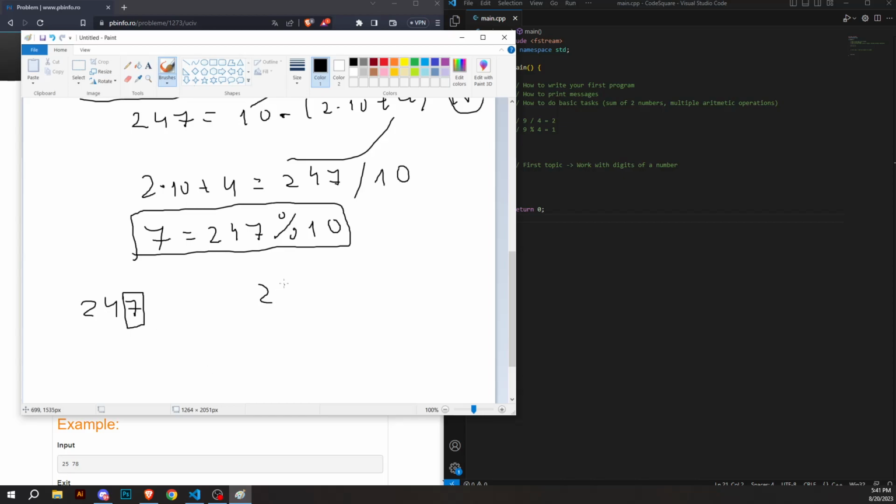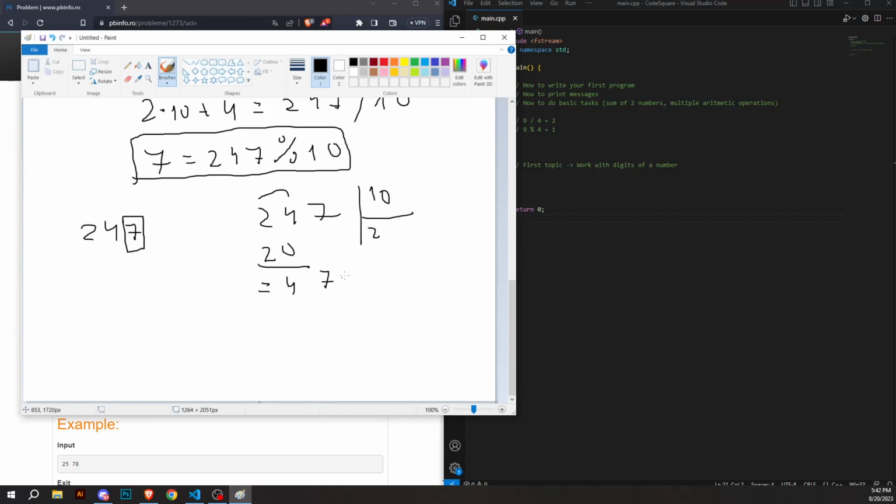Because if we are doing 247 divided by 10, we all know the rules. Basically, this is 2, 20, this is nothing, this is 4. We take down the 7, and this is 4. And now 40, nothing, 7. And this, because it's less than 10, is actually the remainder.